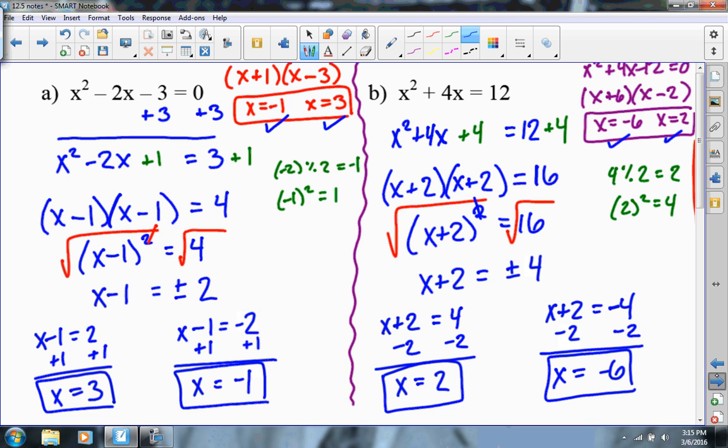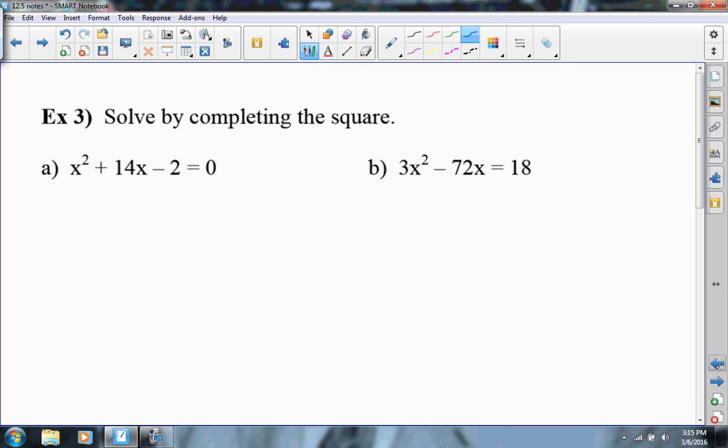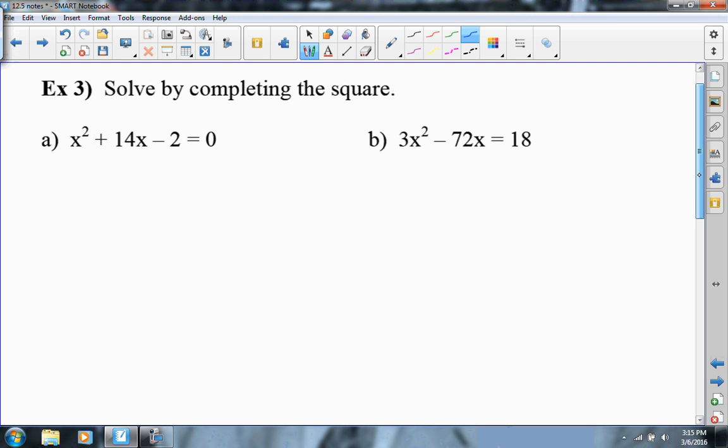Now, these next two examples, though, you can't do by doing guess and check. And the reason is that here it's all set equal to 0 again. My quadratic is all set equal to 0. I've got my x squared and then my x term and then my number. So they're in descending order. But if I tried to solve this with guess and check, I would need the factors of 2 that add up to 14.